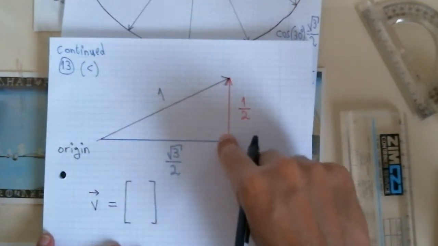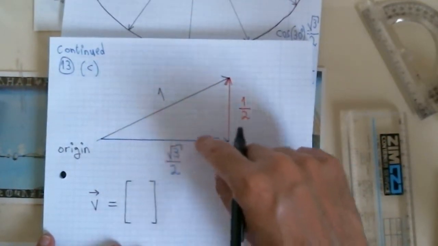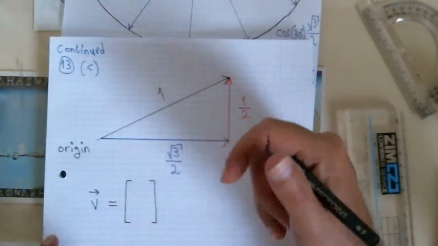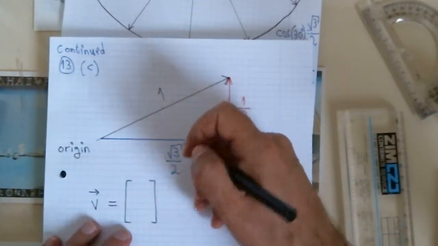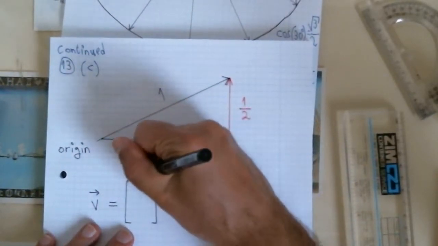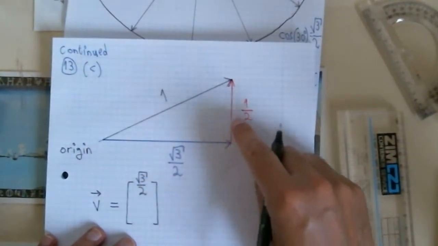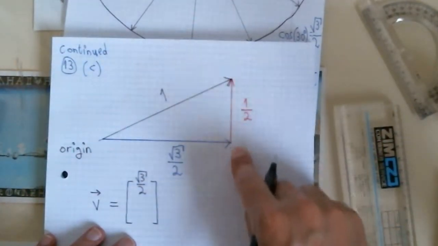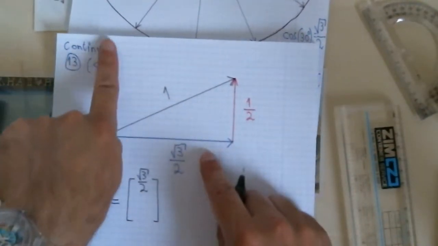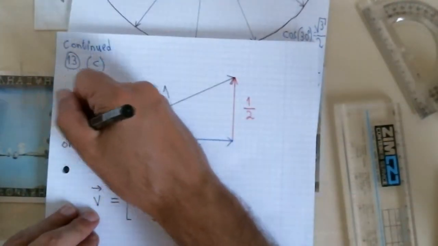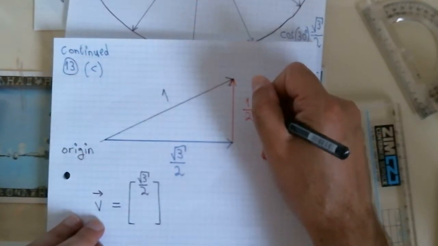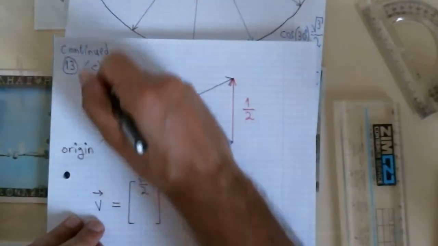the first component is the x component, so it's the horizontal component. It's root of 3 divided by 2. And the second component is the y-axis component, how much we went upwards. Okay, this is the x, this is the y. So x and y.